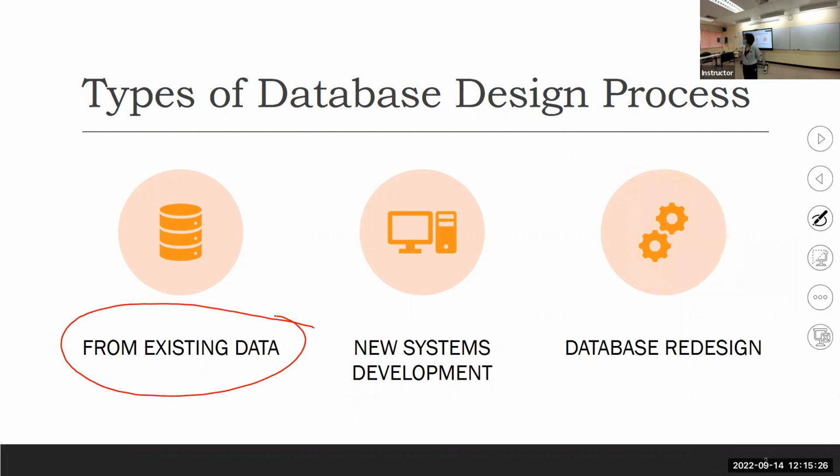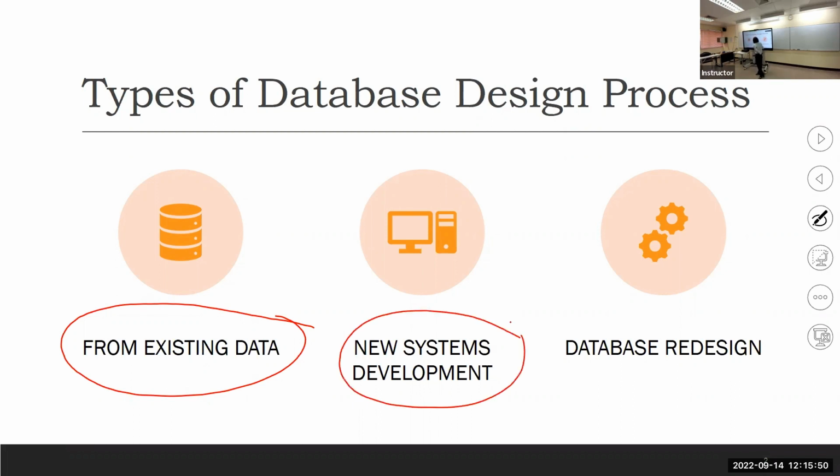It could be the case that the company, the organization, or the database system is new, but you may already have manual data, data on paper, or a data source available in some other media already.